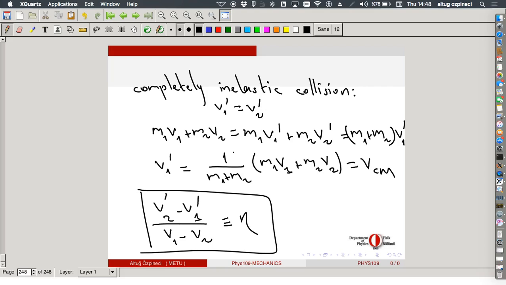So if the two objects stick together, then the center of mass will be right at the position of the objects, so both of the objects should be moving with the velocity of the center of mass. There's no other possibility there. You cannot ignore the center of mass. Ignoring the center of mass velocity is like ignoring Newton's third law, which you cannot do.